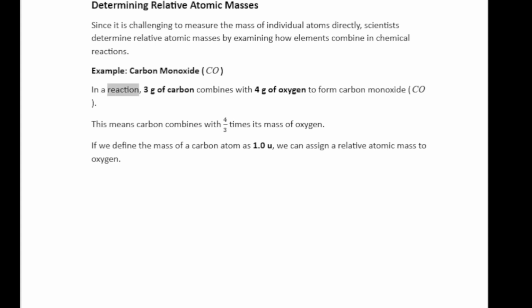In a reaction, 3 g of carbon combines with 4 g of oxygen to form carbon monoxide. This means carbon combines with 4/3 times its mass of oxygen. If we define the mass of a carbon atom as 1.0 u, we can assign a relative atomic mass to oxygen.